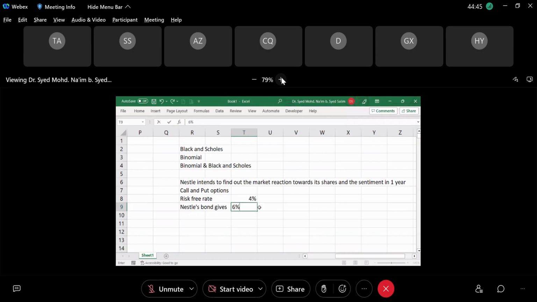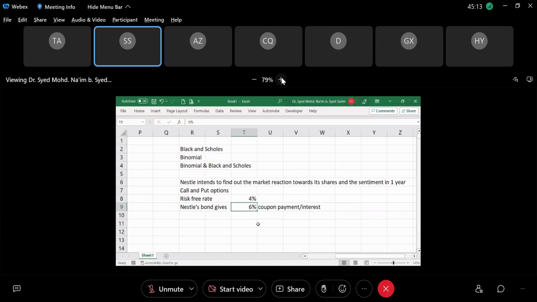6%. It's so interesting. So when we look at that in the form of a bond, coupon payment is the interest expense that Nestle has to bear.